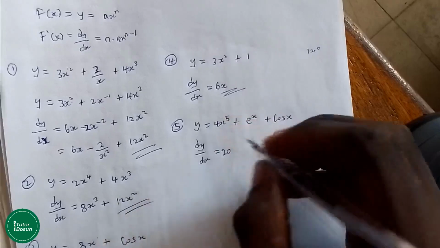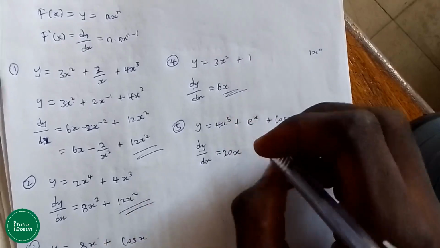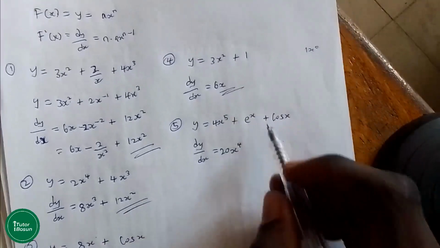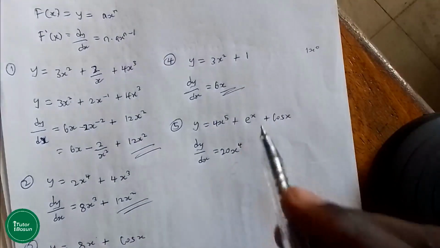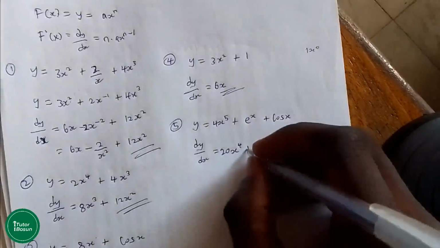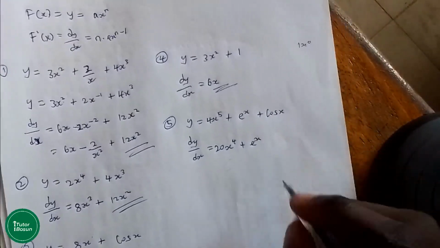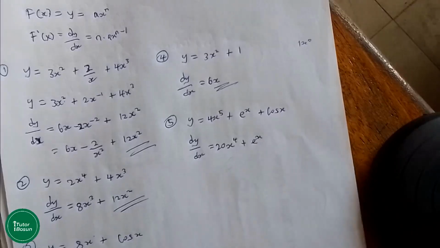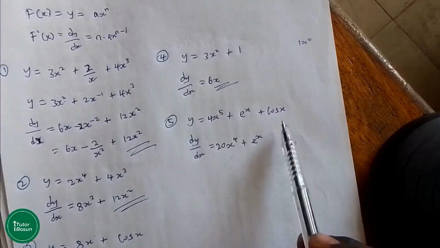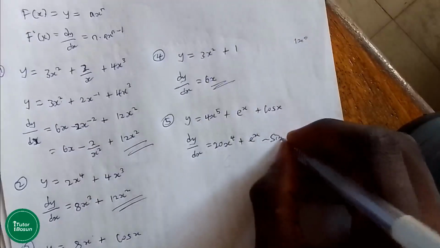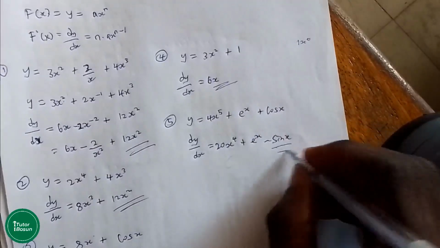Then you subtract 1 from 5, and that gives us 20x raised to power 4. Exponential x is also a standard derivative, which the answer is also exponential x. Then as we all know, the derivative of cos x is minus sine x, and that's the answer to that.